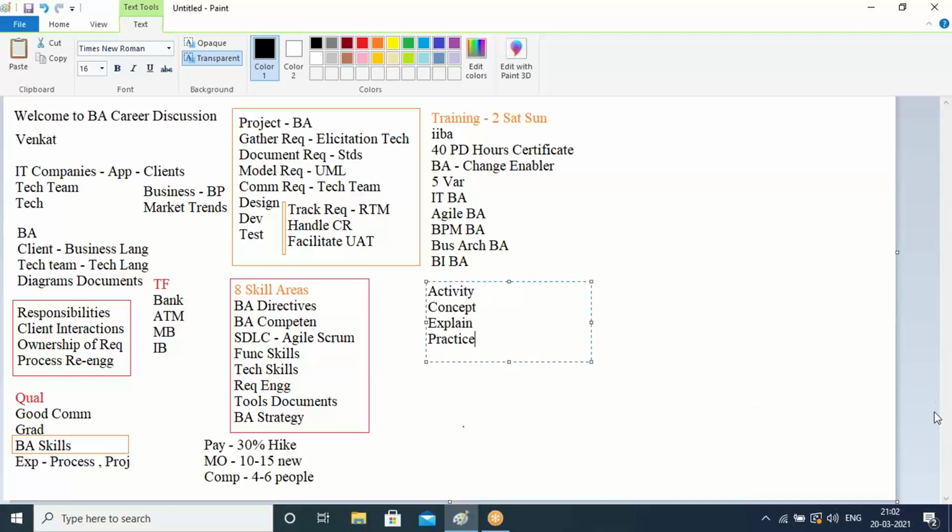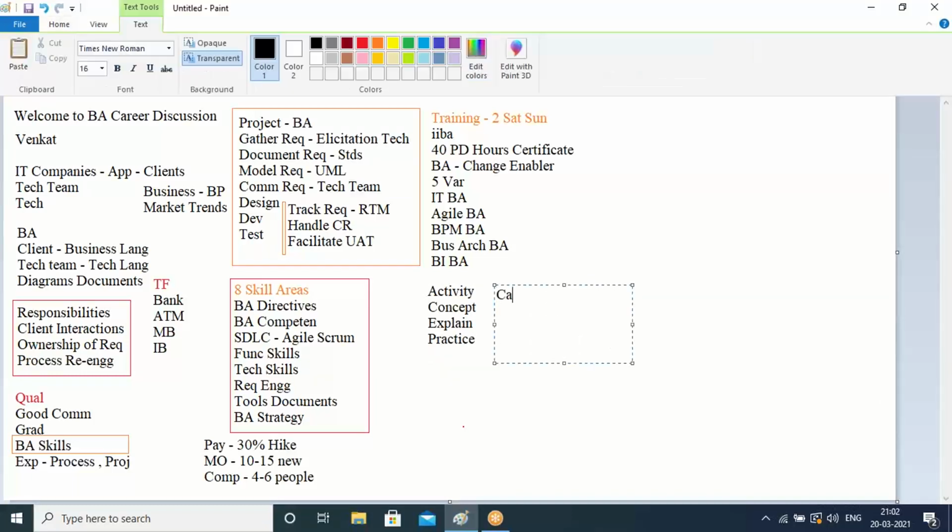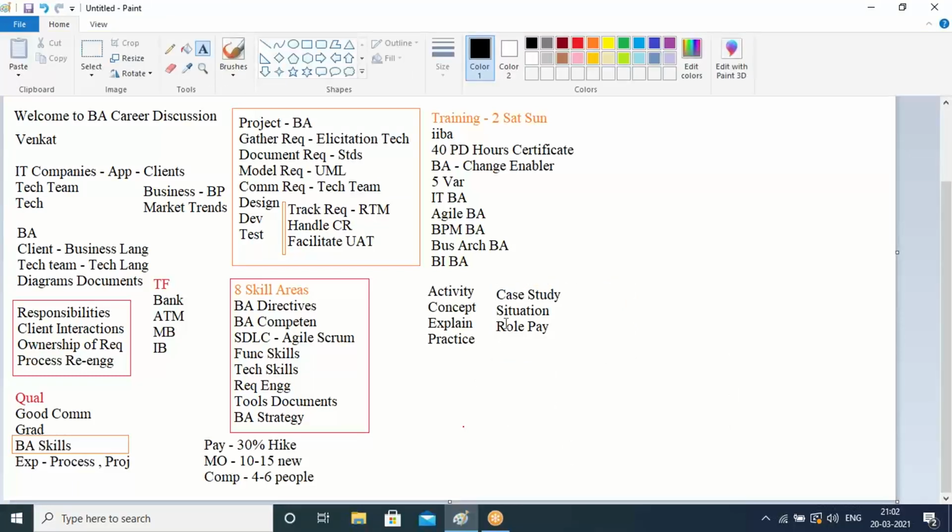For this practice, either we'll give you a case study where you need to actually work on it, or we'll give you a situation that you need to handle, or a role play where you need to enact it. Whichever is more suitable to the particular concept, that is what we will make you do.